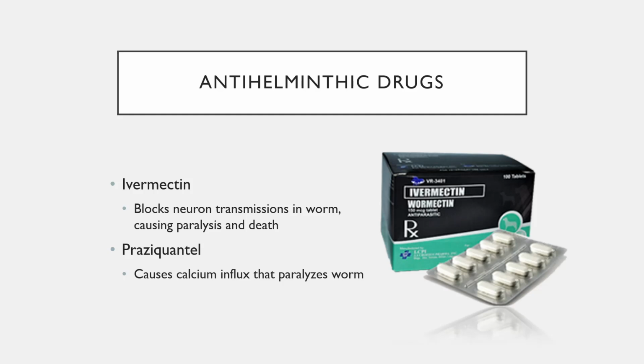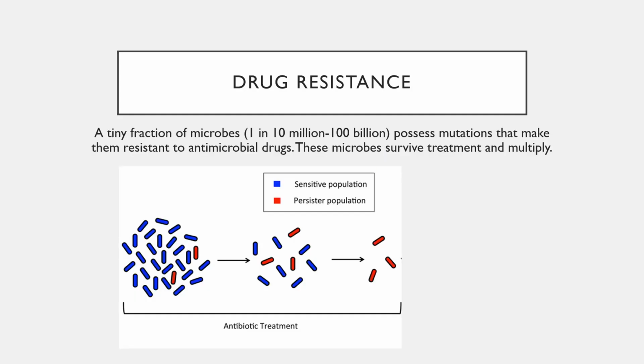In the final part of our lecture, we are going to be talking about antimicrobial drug resistance, how it arises, and what the different mechanisms are by which microbes can become resistant to drugs. So, antimicrobial resistance is a natural process that occurs somewhat inevitably because a tiny fraction of microbes, somewhere around 1 in 10 million to 1 in 100 billion, possess natural genetic mutations that make them resistant to antimicrobial drugs.